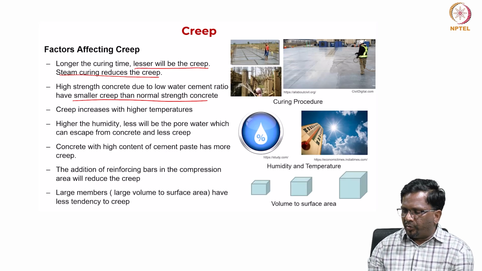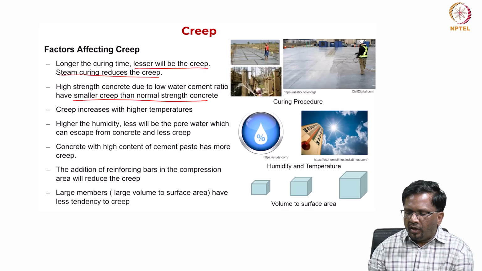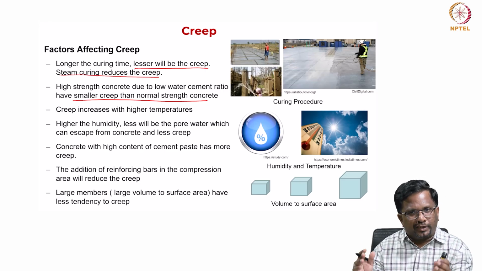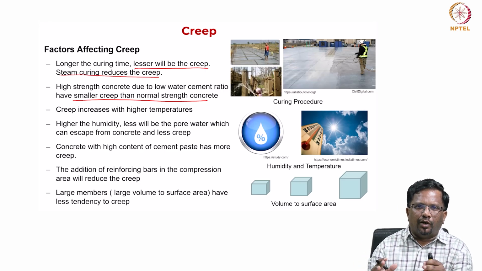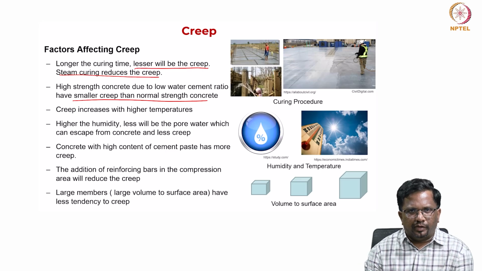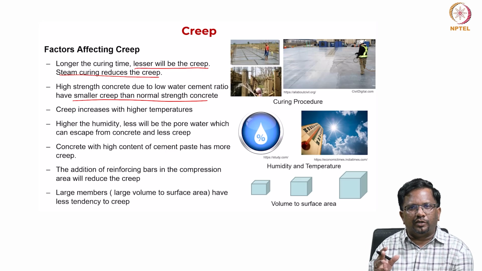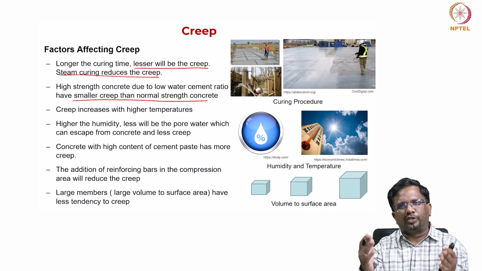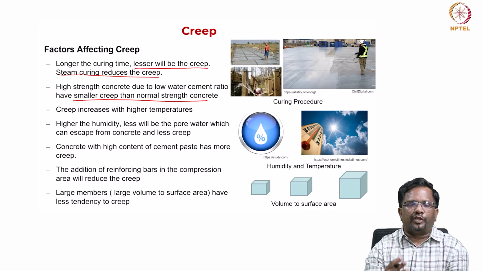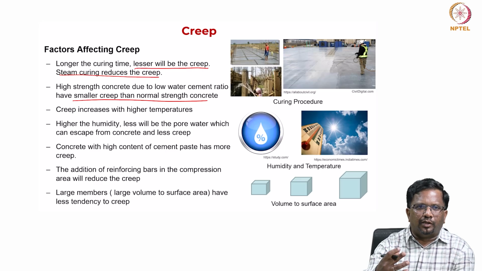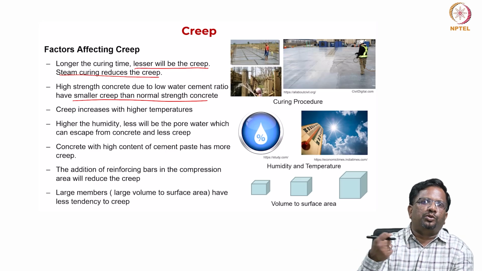Now, this is another important thing. When you have a less surface area, or we can say a large volume to surface area, you have less creep. In other words, if you have a large surface area to volume, the more the surface area for a particular volume, the more the exposed surface through which water can escape.